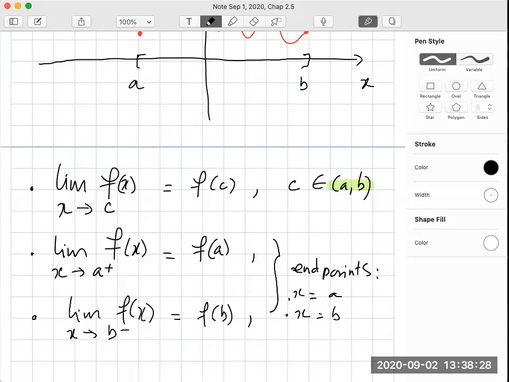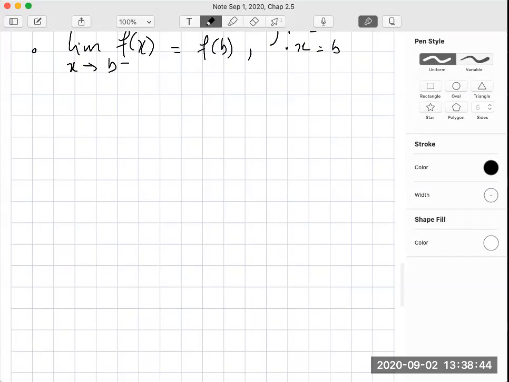So we know the definition of it already. And now there are some theorems. We just have to accept that. You can read this in the book.